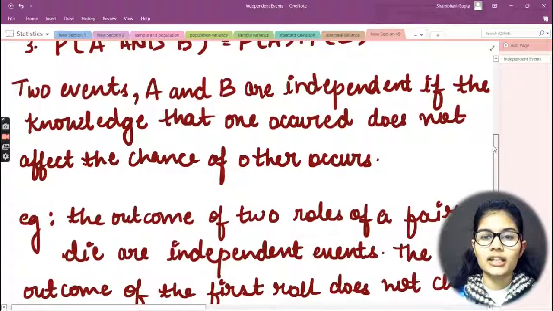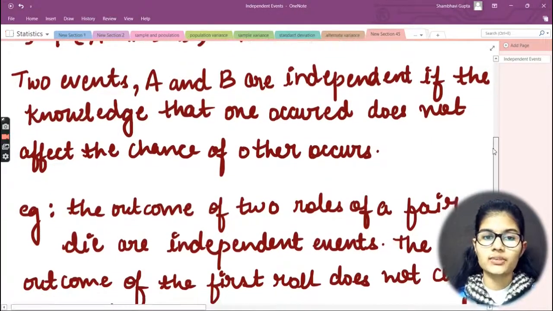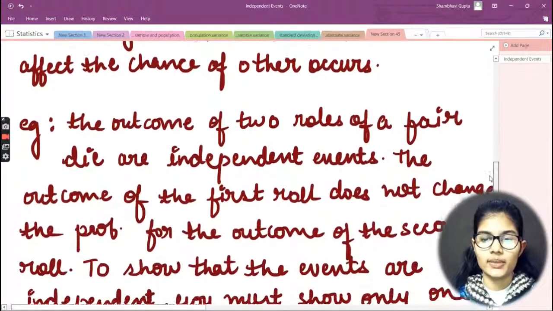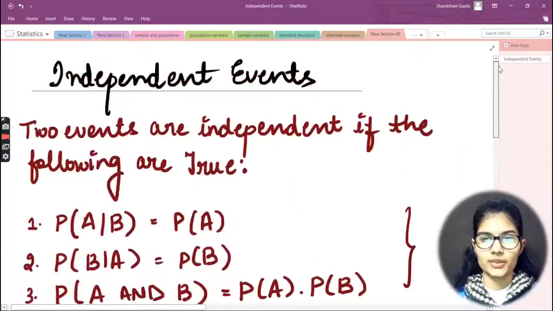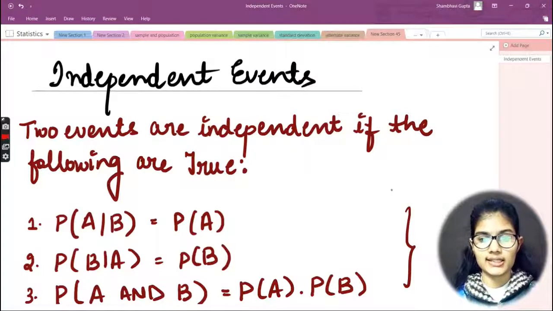Two events A and B are independent if the knowledge that one occurred does not affect the chance of the other occurring. We also saw a quick example of how to do this. Hope it is clear what independent events are and what conditions must be satisfied to make events independent.